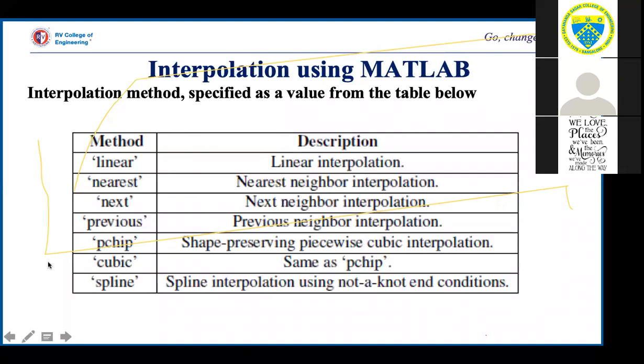So these are the methods and these are the corresponding descriptions. So nearest corresponds to nearest neighbor interpolation. You have piecewise cubic interpolation, spline interpolation, and so on.